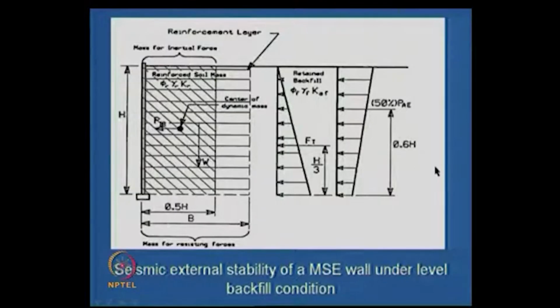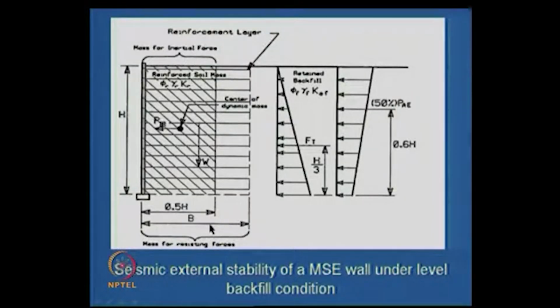This is the way it is, as I just mentioned. We take this much, 0.5 h, as the mass that gets subjected to dynamic force, and this is the center of the dynamic mass, the mass for inertial force. How do we calculate the inertial force?